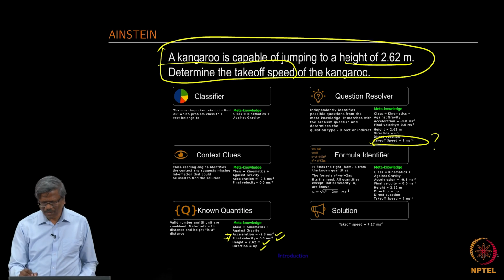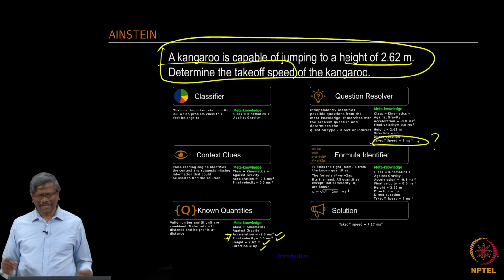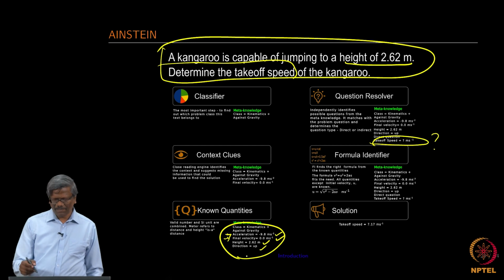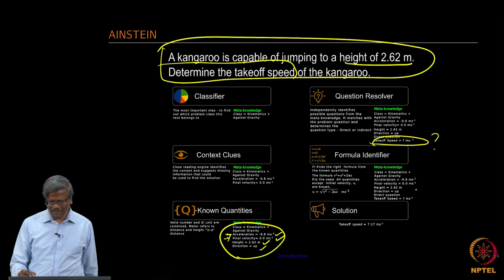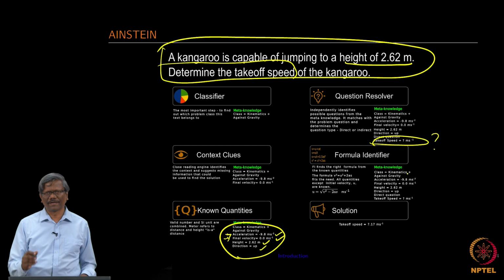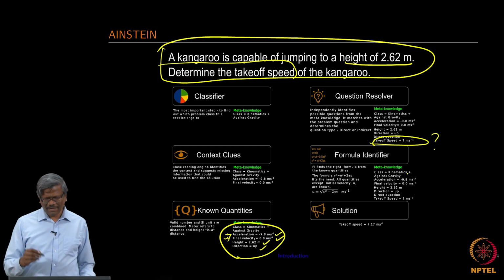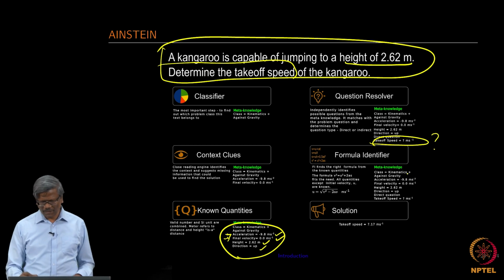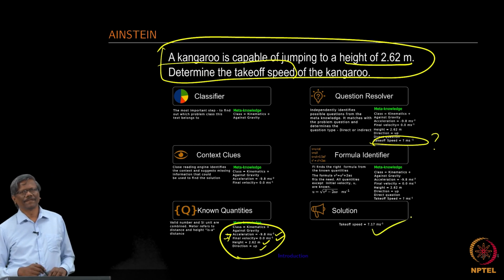Since it is speed, it also says the unit is meter per second. Based on what it found and stored as meta knowledge, it tries to map this with a formula, figures out that a formula is available and all the variables could be fitted into it, and finally it finds the speed.